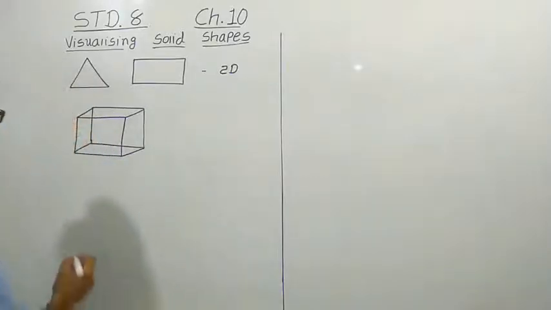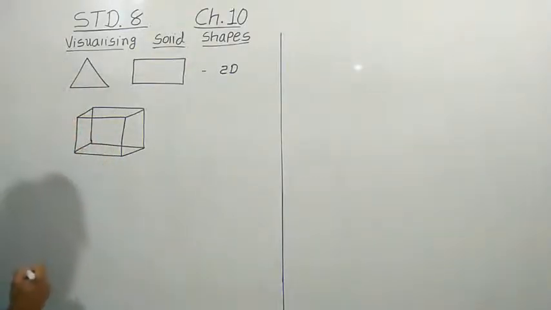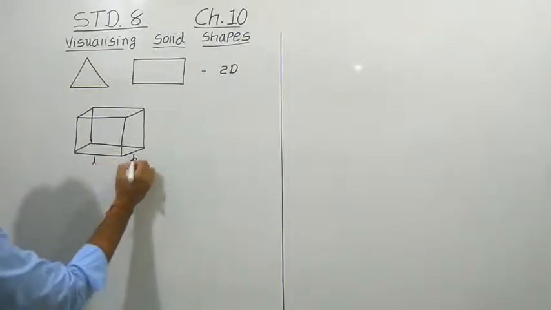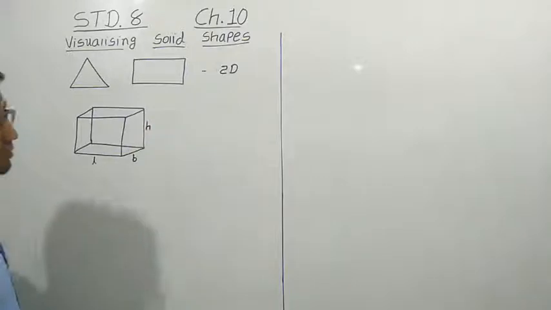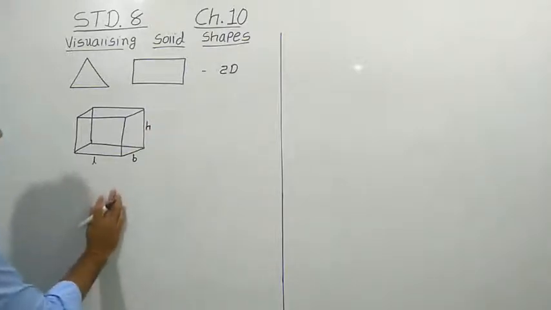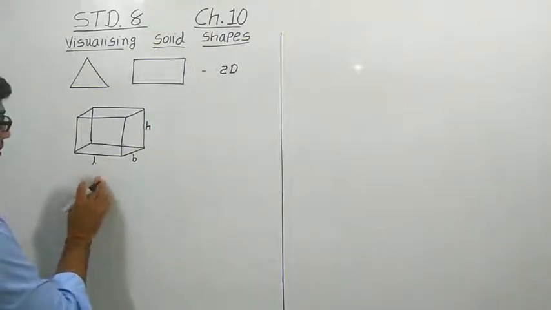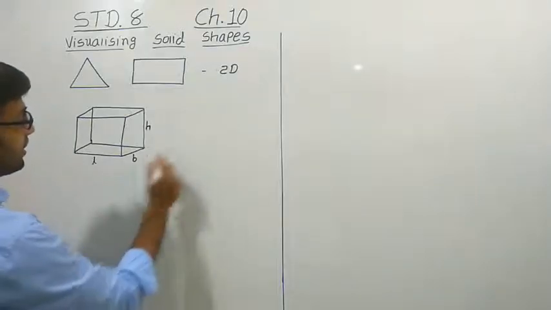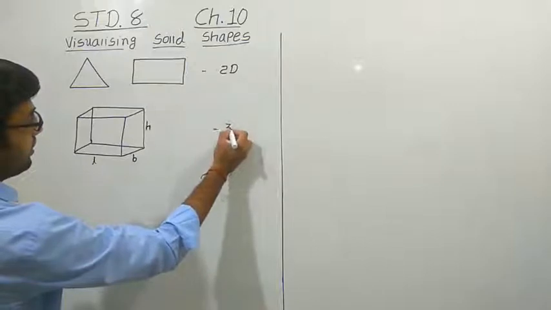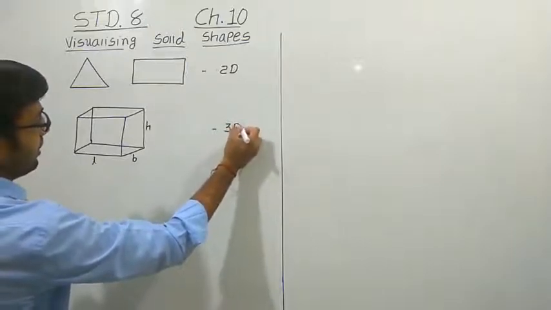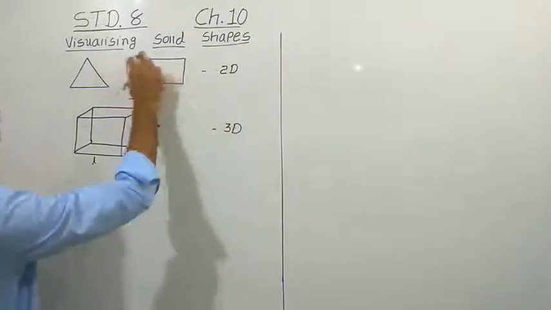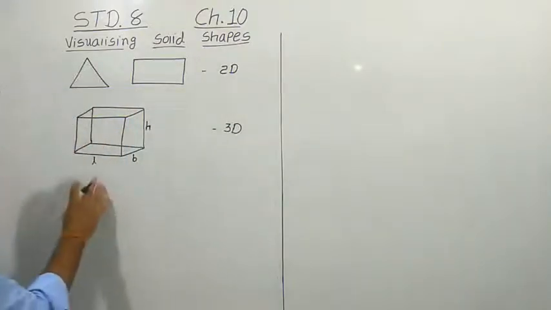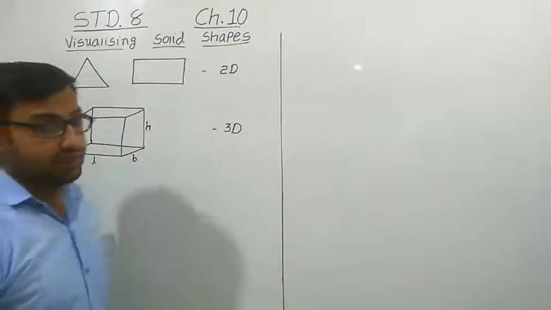Here we require three dimensions to measure it. Like this is the length, this is the breadth, and this is the height, right? So this is one kind of cube, and to measure it we require three dimensions. That is why this kind of shape is called 3D shapes, and this kind of shape is also called the solid shapes, right? So this is one example of the solid shape.